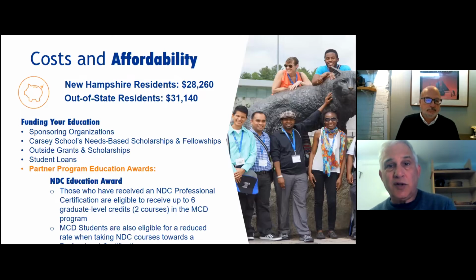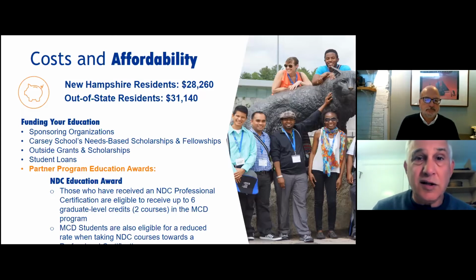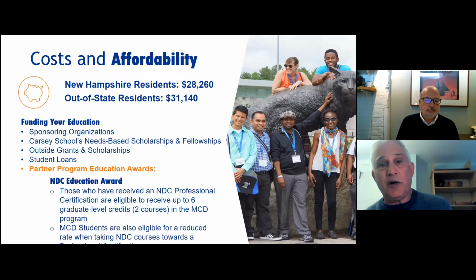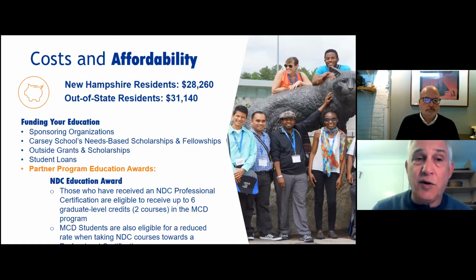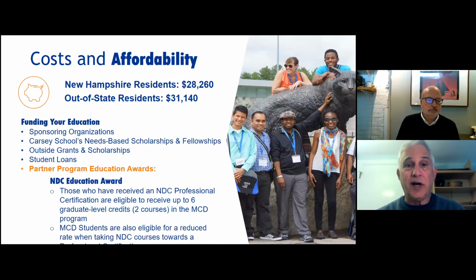The cost of the program you see on the slide here; that's the cost for the entire program. And it's spread out over whatever time you take to go through the program. So it's essentially priced by credit. Whether you take it in 2 years or 1 year, the price is essentially the same. We do offer financial aid, which includes some grant money as well.